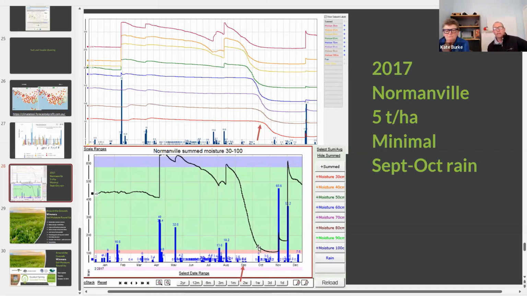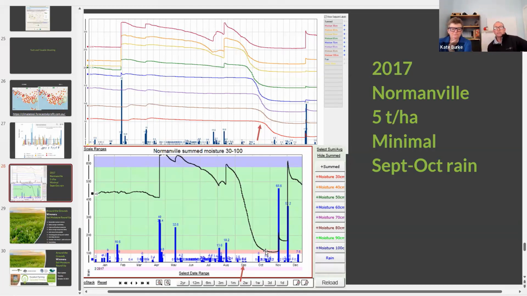Essentially, the result ended up quite good at a 5-ton wheat crop and pretty much finished on empty, and that's measuring from 30 cm to 1 metre. And I think the benefit that we've got now of measuring below 1 metre with this network probably comes back to what Cam was indicating, that the crops do have the capacity to extract moisture from deeper levels.